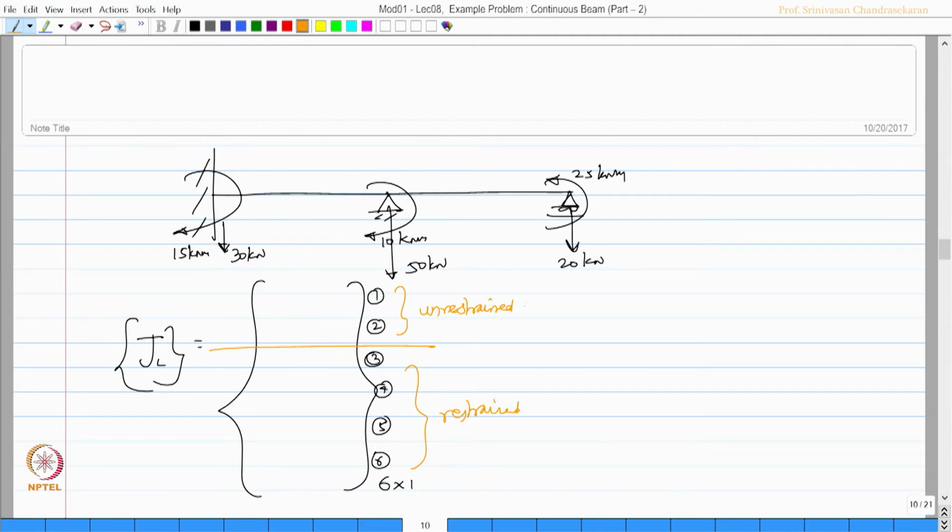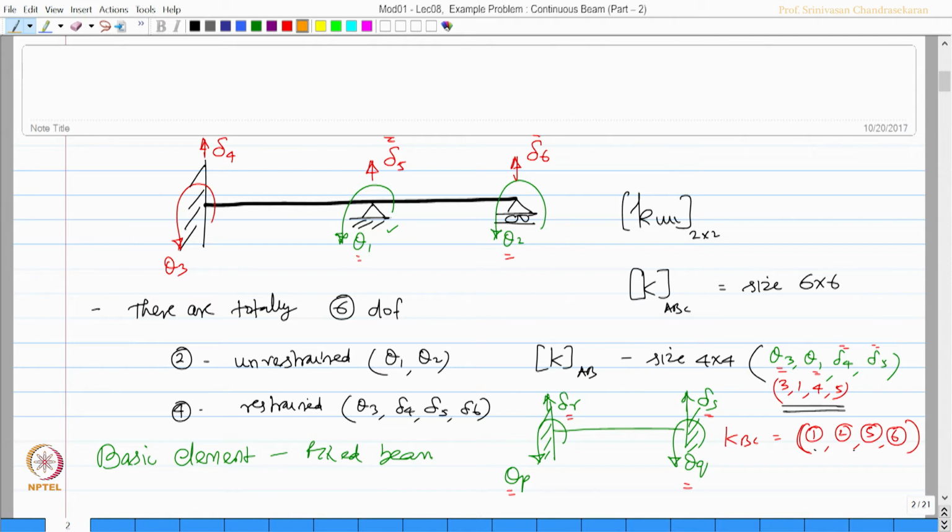So, I call this vector as joint load unrestrained. I call this vector as joint load restrained. So, if you look at the degree of freedom 1 from this problem, 1 corresponds to the rotation here, 2 corresponds. So, 3, 4, 5 and 6.